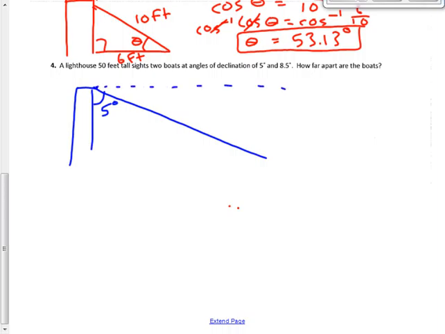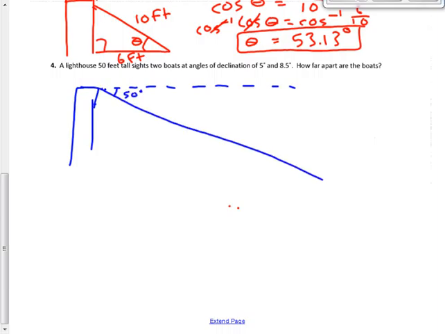So if I were looking straight out here, an angle of decline of 5 degrees would be here. And an angle of decline of 8.5 degrees would be somewhere in here.